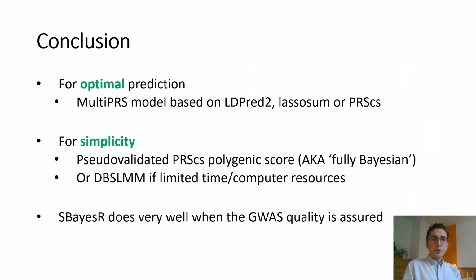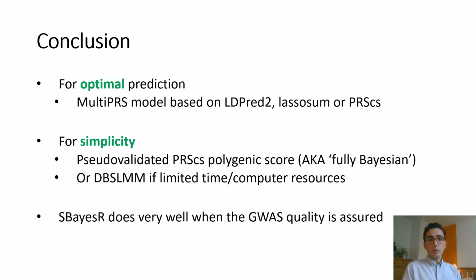So the advice for future research regarding polygenic score methods is, for optimal prediction, we recommend modeling multiple parameters from LDpred2, lassosum, or PRS-CS. But if you're looking for a simpler option, for looking at genetic overlap perhaps, I'd recommend using the PRS-CS pseudo-validation method, also referred to as its fully Bayesian method.